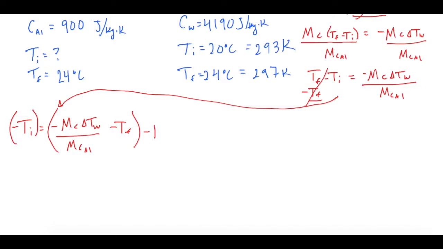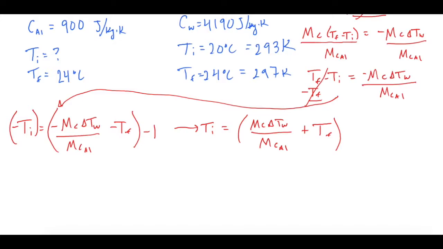So when we do that, we get a positive T initial is equal to, if we think of all of this as one term, a negative times a negative, so we'll have essentially a positive MCΔT of water over MC of aluminum. And now we're going to have a positive T final.